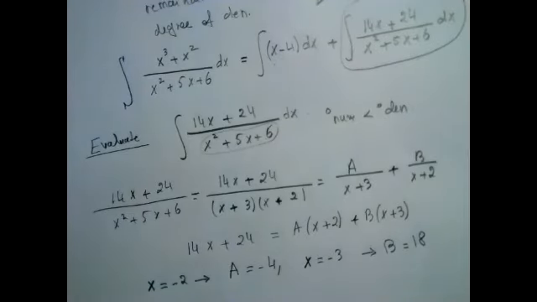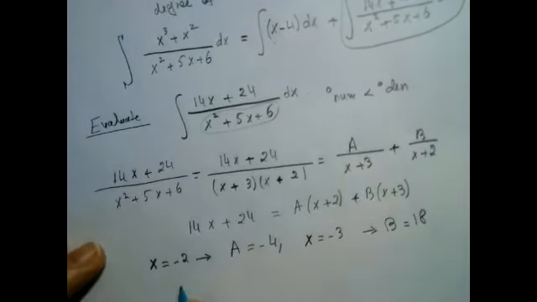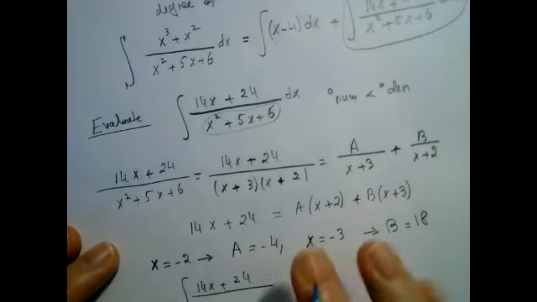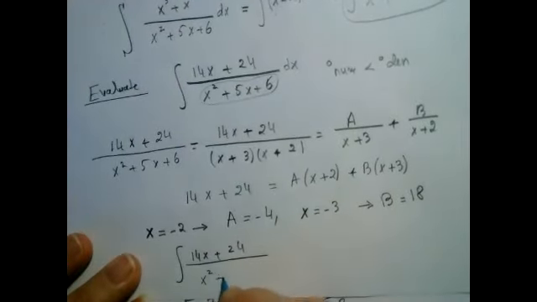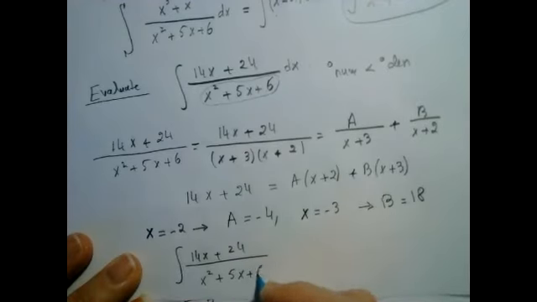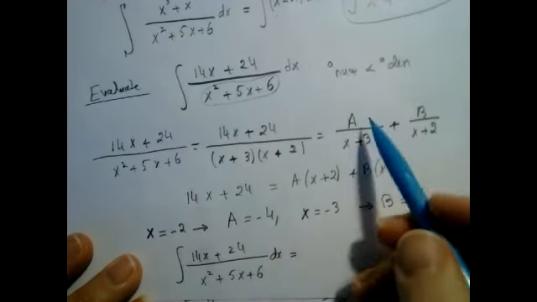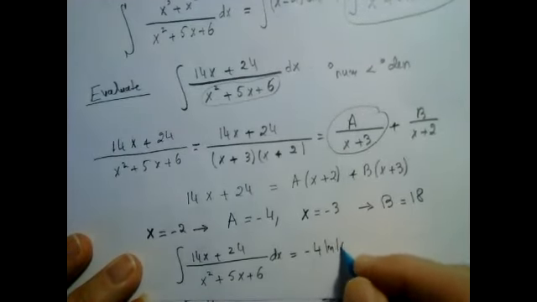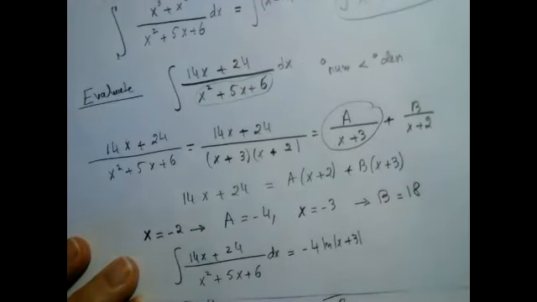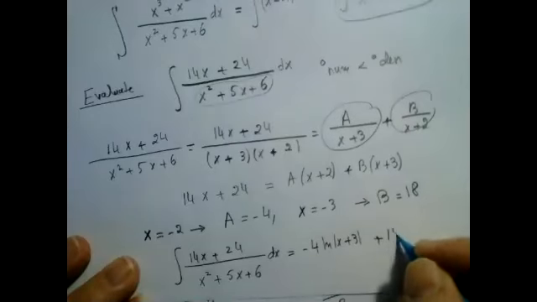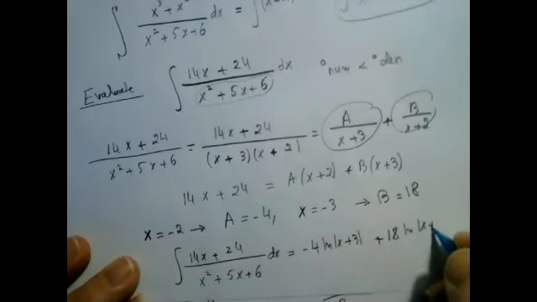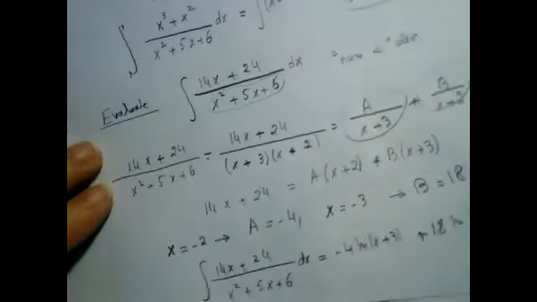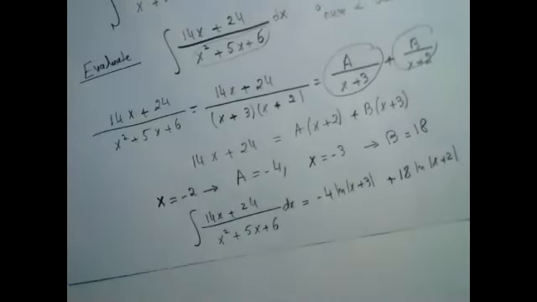Right, so now I have it. So now I know that the integral of 14x plus 24 over this complicated piece equals the integral of A over x plus 3, which is going to give me minus 4 ln of x plus 3, plus B, which is 18, ln of x plus 2. Okay. And now finally, I put the whole integral together, which was a long process, but we have to do it.